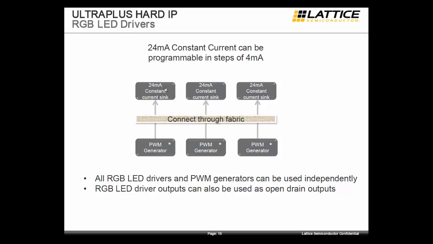And these 3 outputs can also be used as standard open drain outputs if the functionality of RGB LED is not required. So in that sense, you do not lose 3 pins because they are dedicated pins. We allow you to hook those up and make use of those 3 pins as open drain outputs.